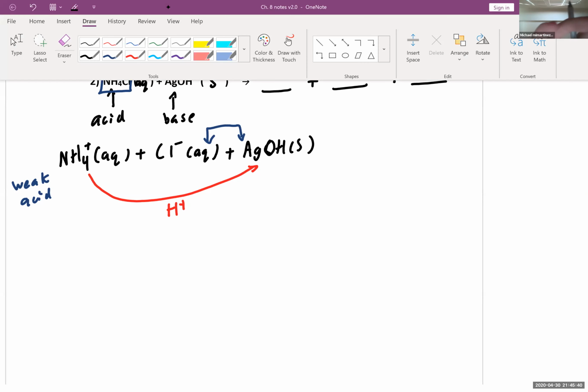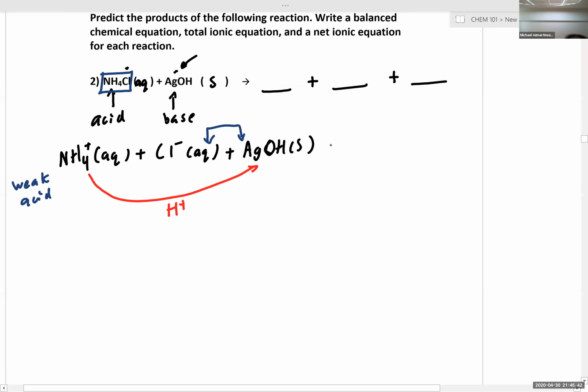In terms of our predicted products, after transfer of a proton, we get ammonia. We get water, silver plus, and chloride.